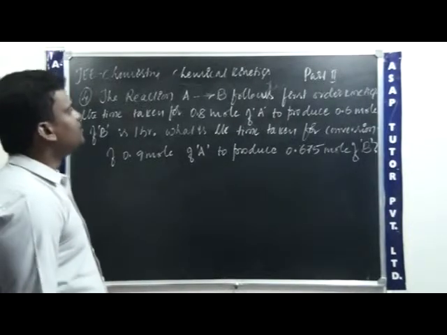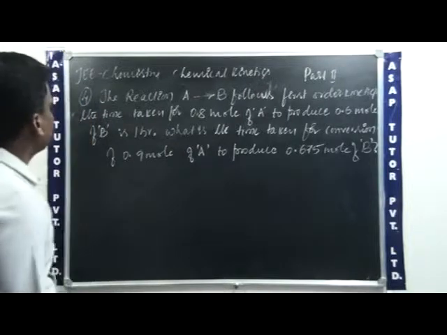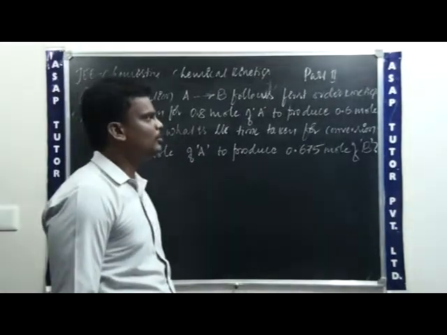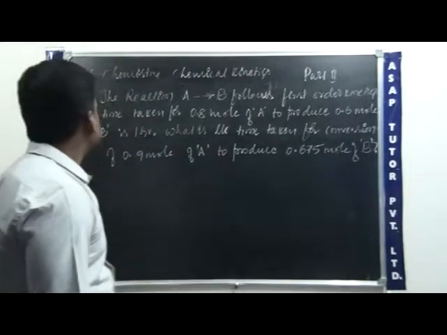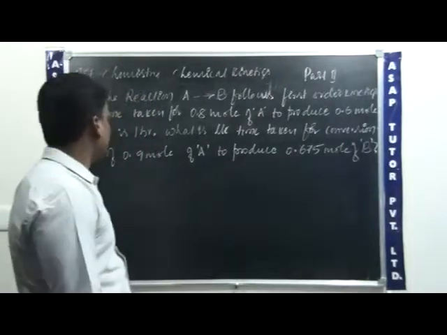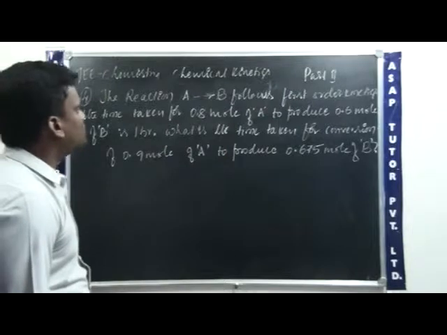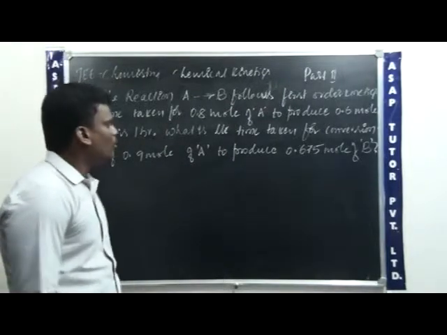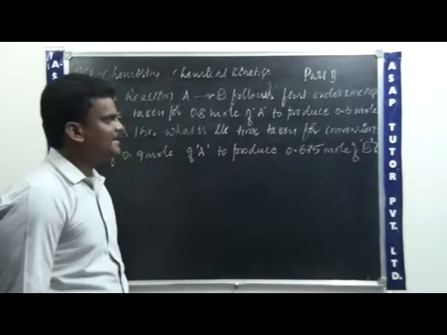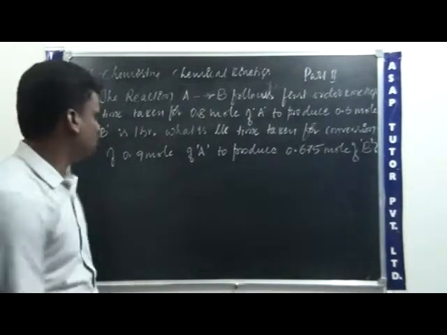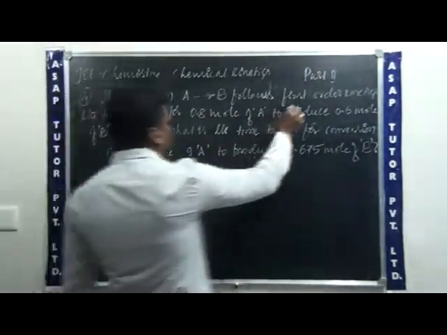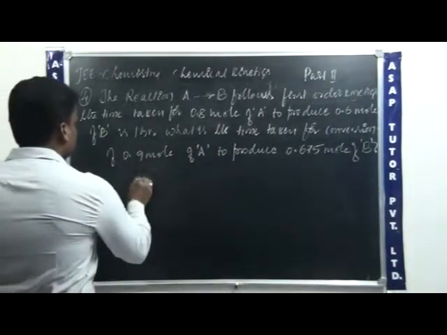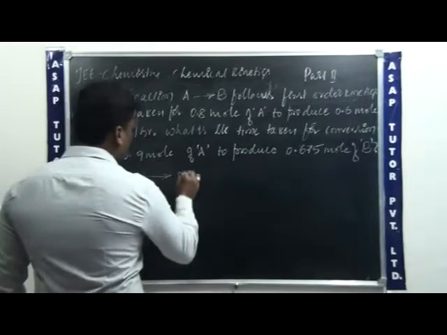The reaction A gives rise to B follows first order kinetics. The time taken for 0.8 mole of A to produce 0.6 mole of B is 1 hour. Then, what is the time taken for conversion of 0.9 mole of A to produce 0.675 mole of B? They are saying first order kinetics, so I will consider the equation for first order kinetics, A gives rise to product.